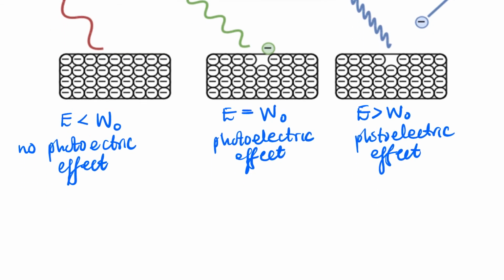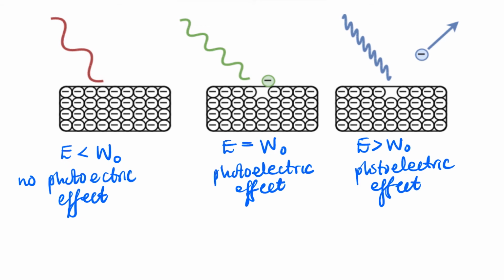It means the energy that the light has is distributed to the work function and the maximum kinetic energy.